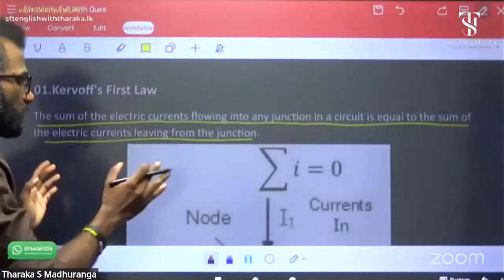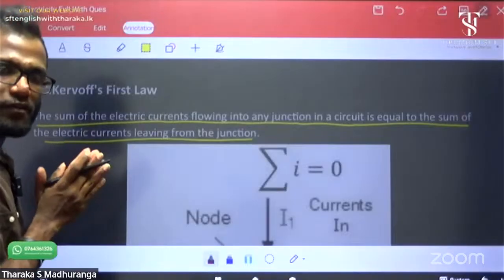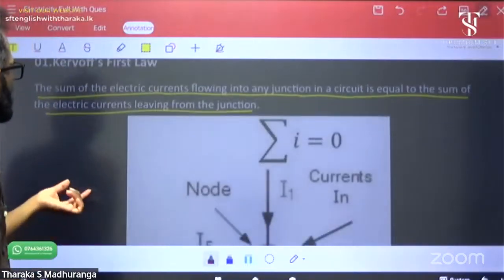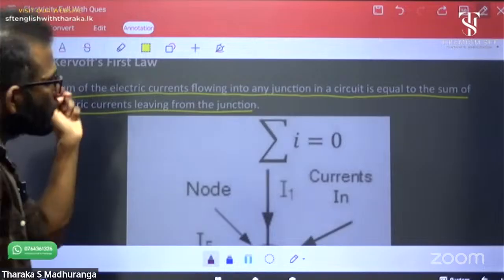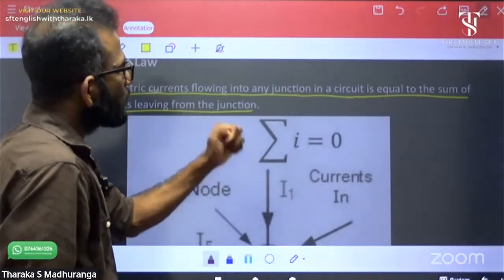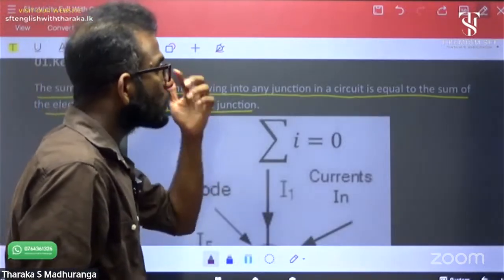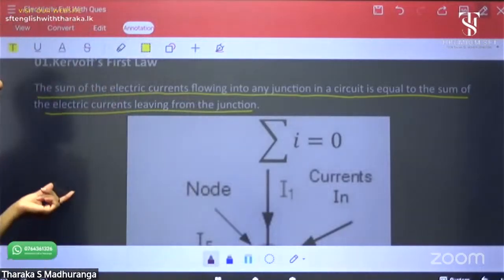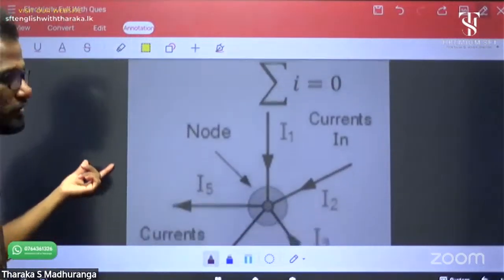This is a very simple Kirchhoff's first law. The sum of the electric current flowing into any junction in a circuit is equal to the sum of electric current leaving out from the junction.